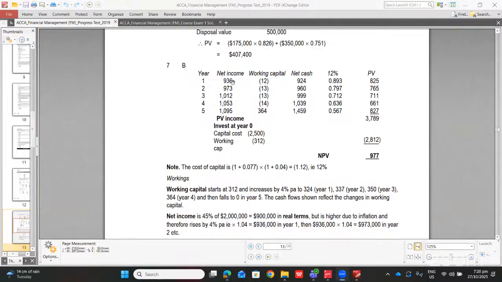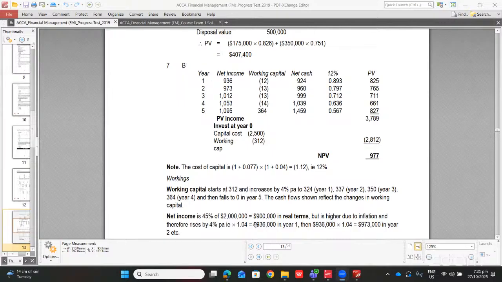So the numbers there, if you notice, how did they get the net income as well? You might be wondering how they got this net income. Because you are told that profit margins are 45% of sales, all right? So let's do the math. 45% of 2 million is 900,000. But again, that's the sales right now. One year from now, the sales will be 4% higher.